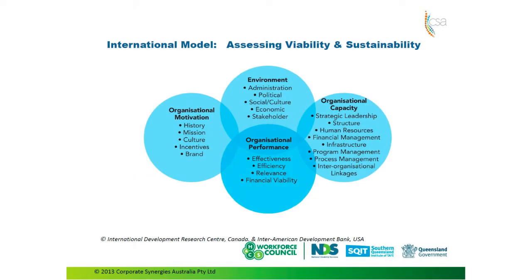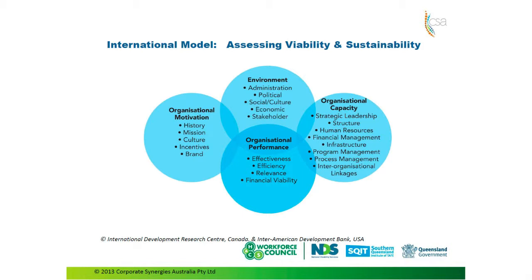The second area that we have a look at is organisational capacity. And capacity really talks about our ability to deliver the services in accordance with our mission. Strategic leadership, structure, human resources, financial management, infrastructure, program management, process management, and inter-organisational linkages and networking are an essential part of our capacity.